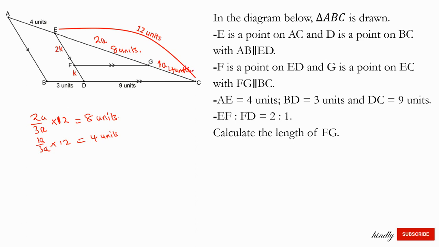Right, and then we want to find FG. What can we use here to find FG? We can use the similarity of the triangles. Which triangles are similar here? If you look at these two triangles, we have triangle EFG and triangle EDC.